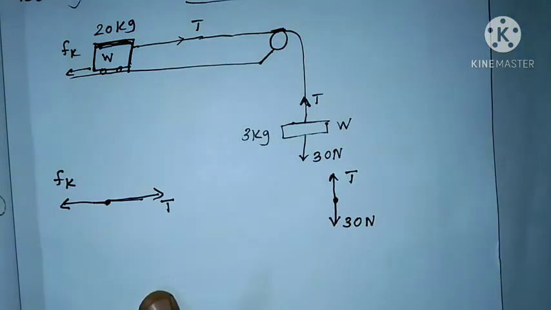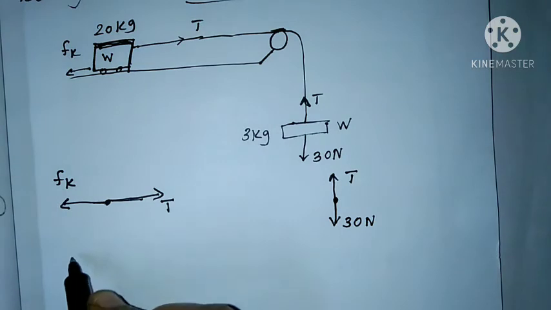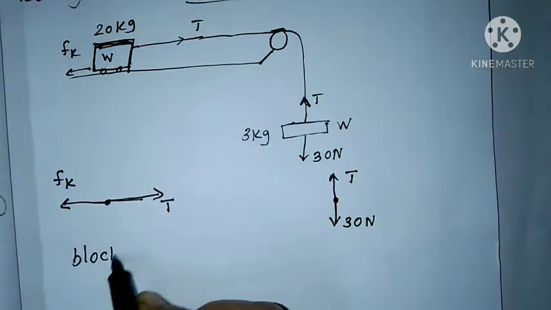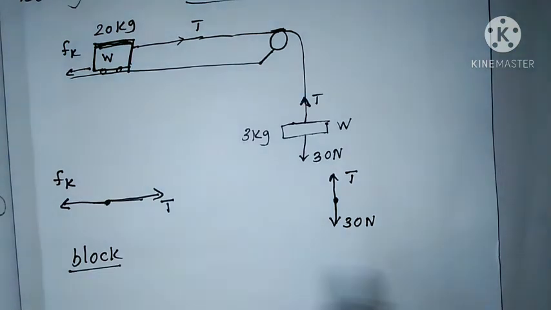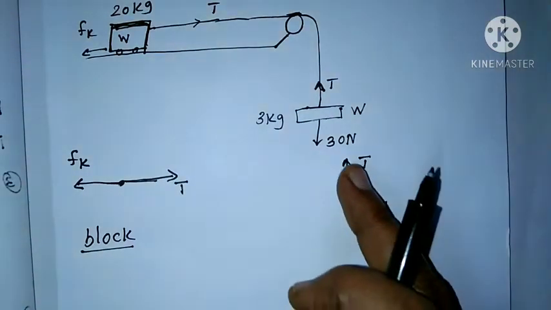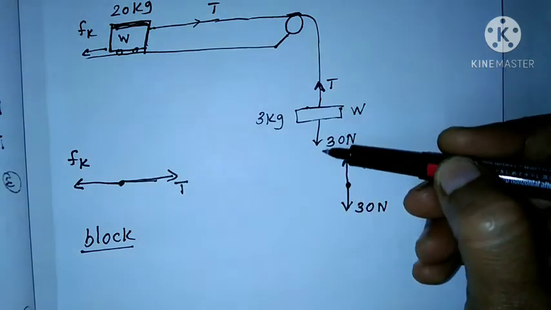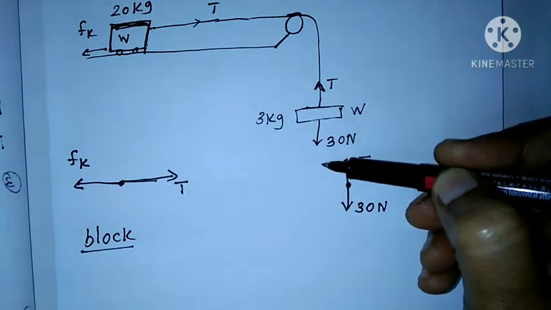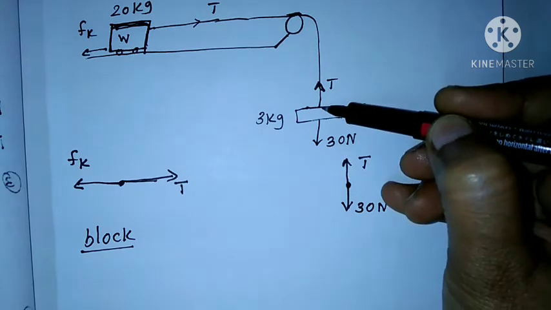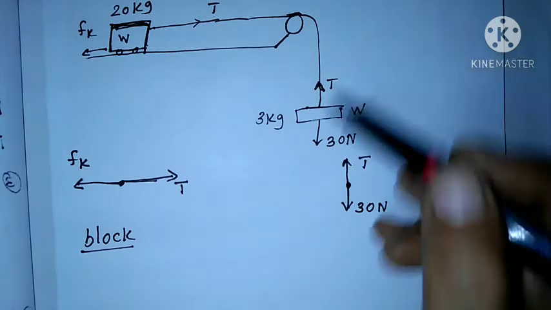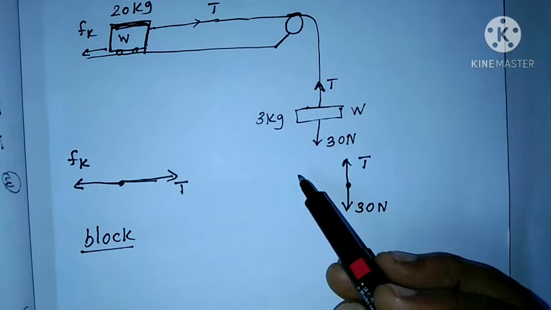First we apply the second law to the block. What is the second law? F equal to ma. F means the total force exerted on the block. What is the total force here? 30 Newton in the downward direction, that is the weight, and the tension, the opposite force, in the upward direction, is equal to mass into acceleration.